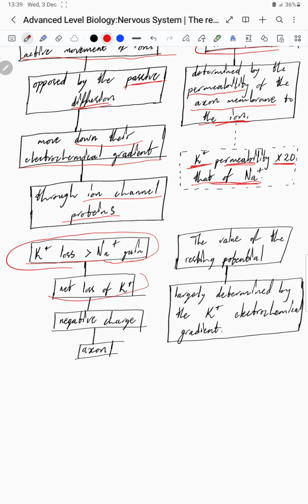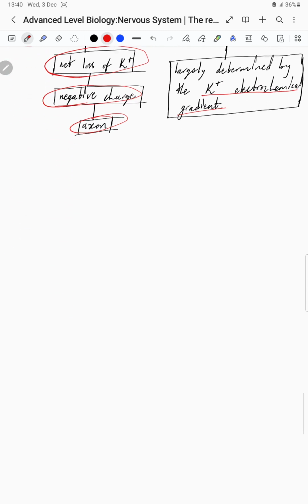So there will be a net loss of sodium, hence the negative charge of the axon in the membrane. So the value of the resting potential is likely determined by sodium electrochemical gradients.